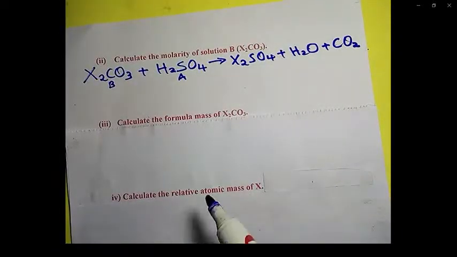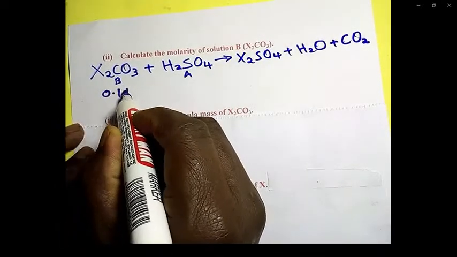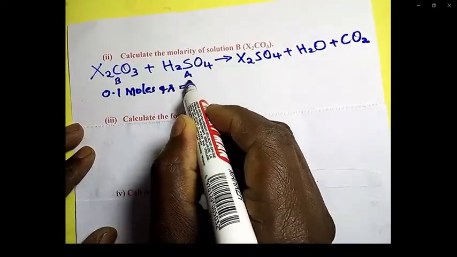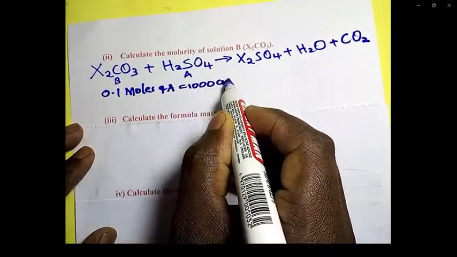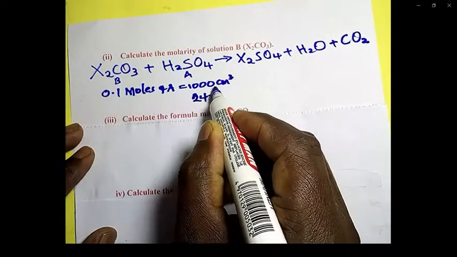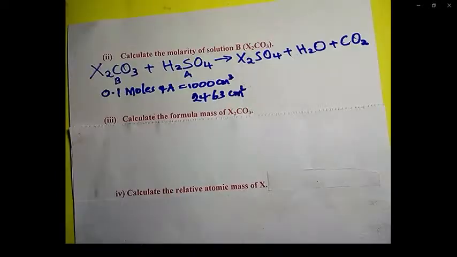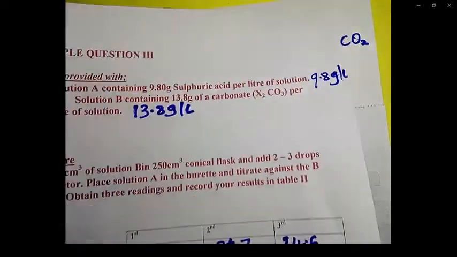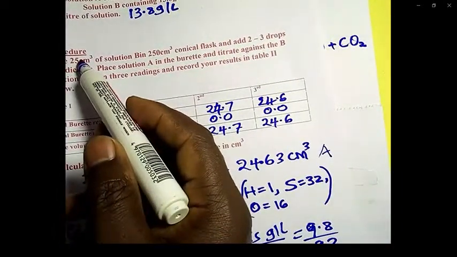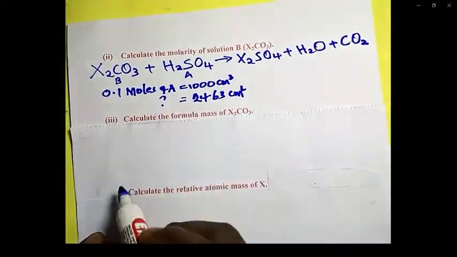And we have the molarity of solution A. So we say 0.1 is the number of moles of A in 1 liter, 1000 centimeters cube. We will ask 24.63 centimeters cube. You have to remember this, that 24.63 of solution A reacted with 25 of solution B. So this one will contain how many moles?